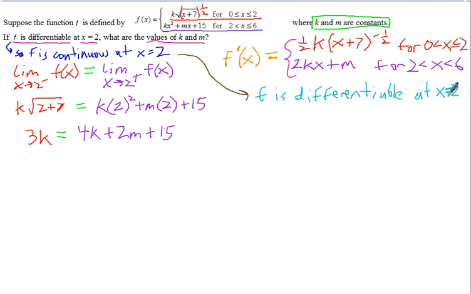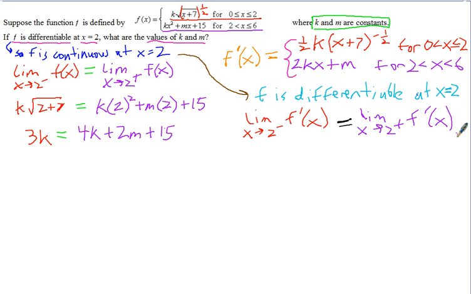So let's take our derivatives and substitute in 2 from the left and right and find our limits. So let's write down what we're doing. The limit as x approaches 2 from the left of f prime of x has to equal the limit as x approaches 2 from the right of f prime of x.